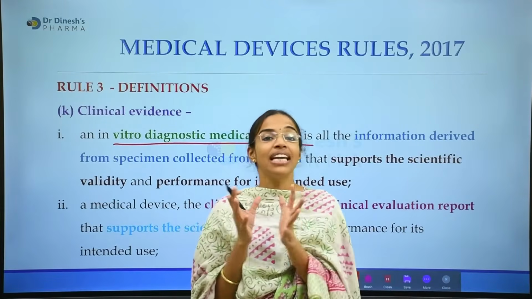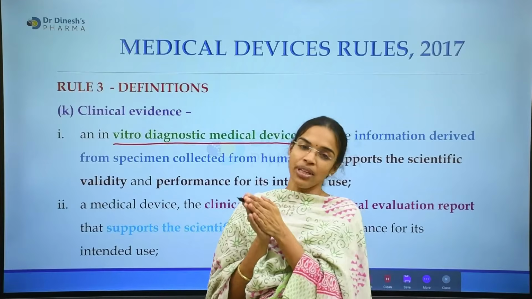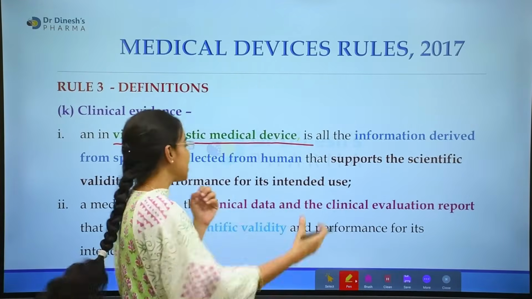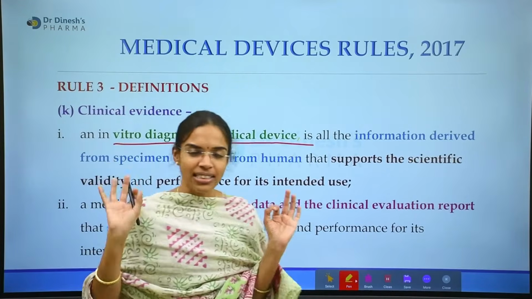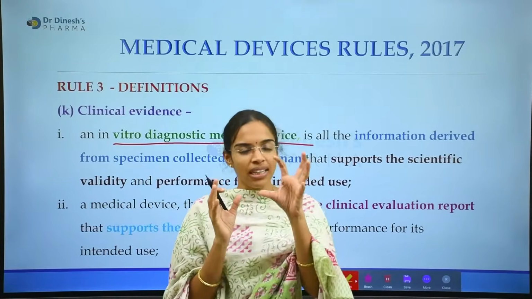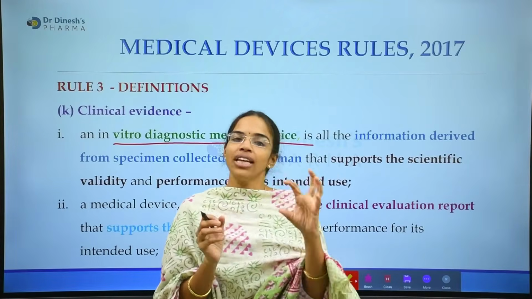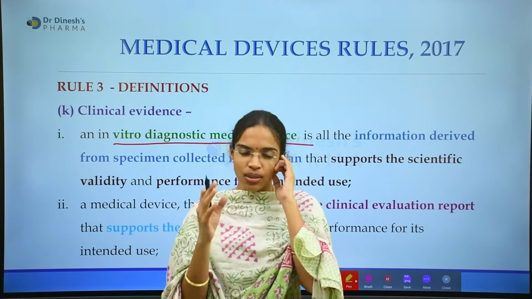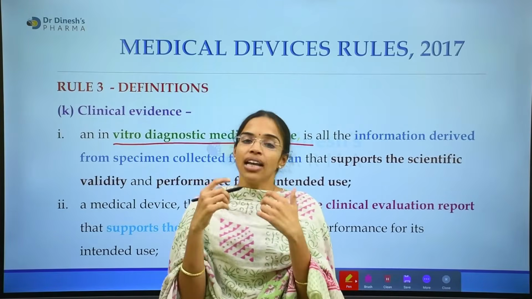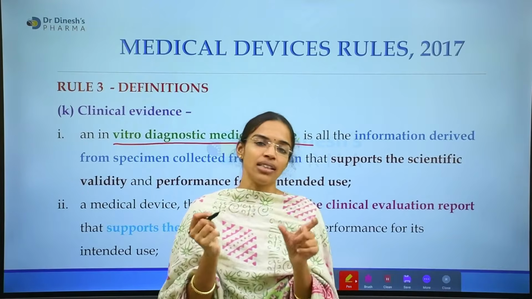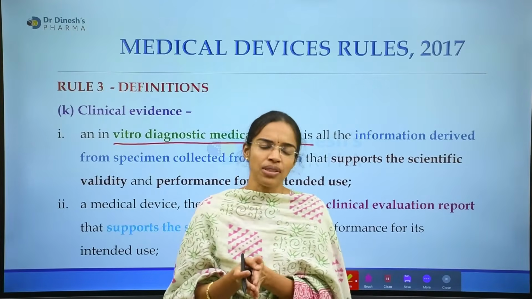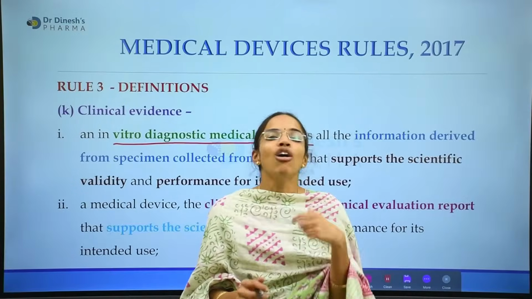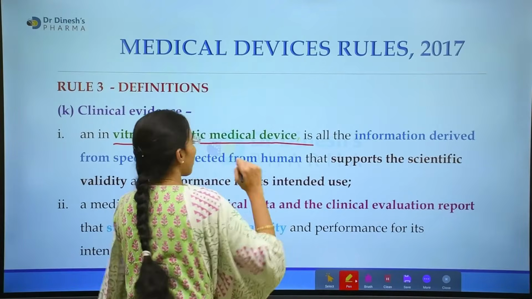It is nothing but the information derived from a diagnostic test. Someone has performed a diagnostic test using a diagnostic medical device for that particular purpose, and using that device, whatever information was derived.